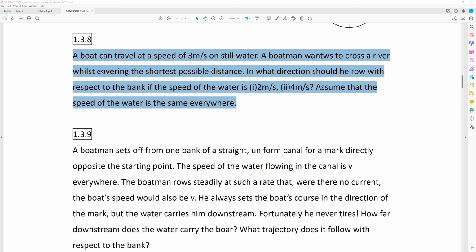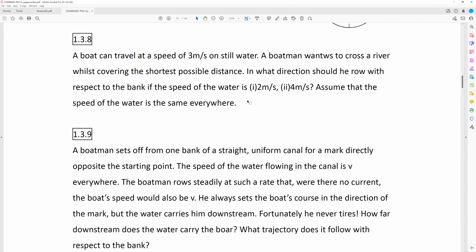Let's take a look at question 8. This one. Found it. Never mind. Now this 2 meters per second is the question we have done, if you still remember.